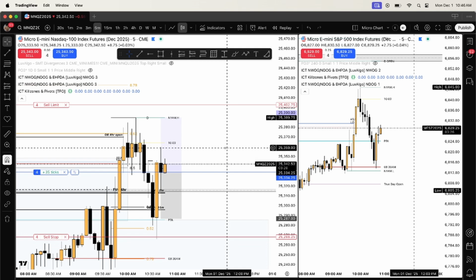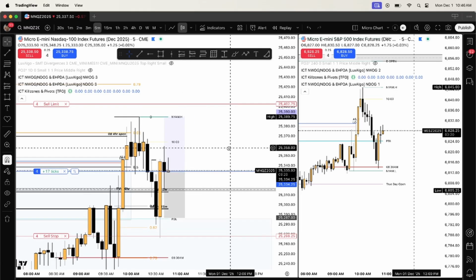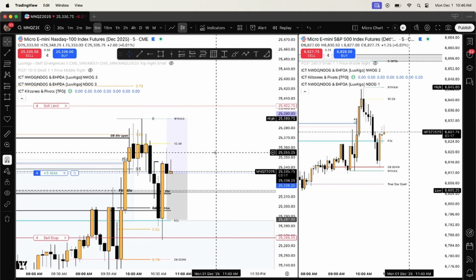I don't think we have any more news today. I think this is just it. This is not the R I'm taking, but it's what I will take if we move above that candle.